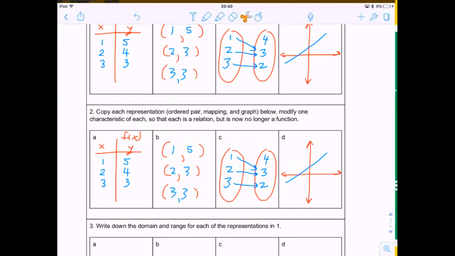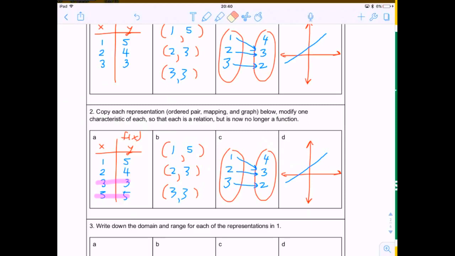So the way I can ruin these is, for example, for the ordered pairs, I can add another ordered pair, and this time I'm going to put that the 3 also points to 5. And here, do you see I have 3 pointing to 3, and I also have 3 pointing to 5. So that ruins the function. It's no longer a function. Now it's just a relation.